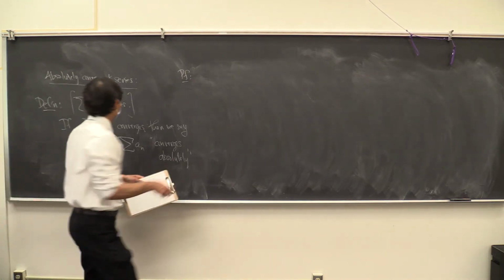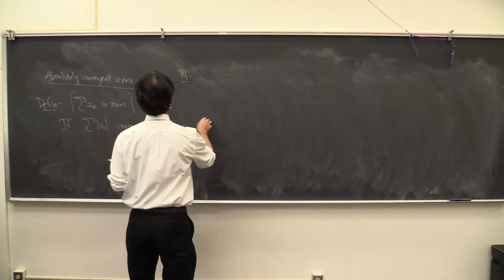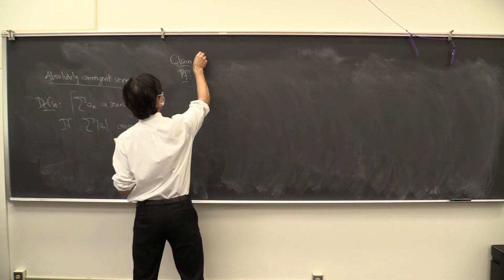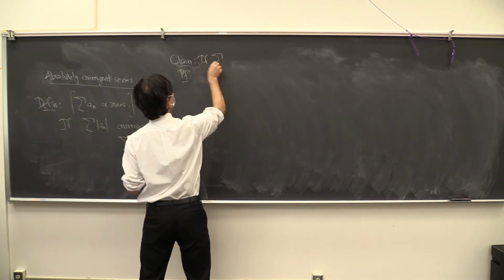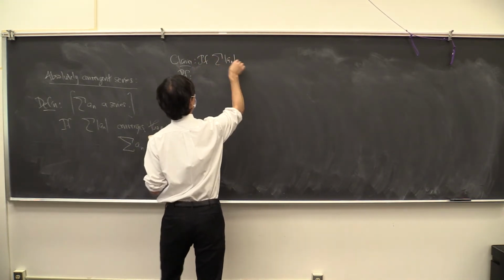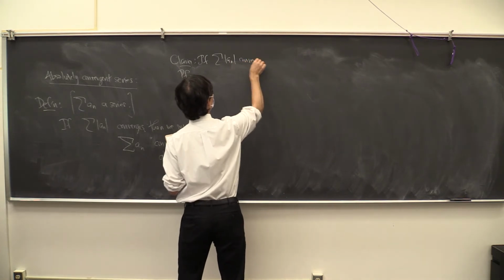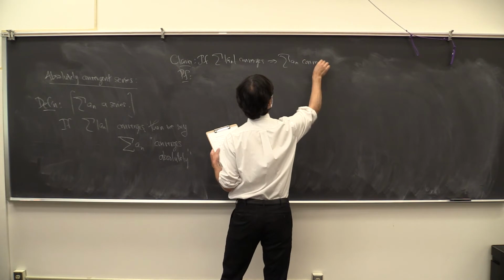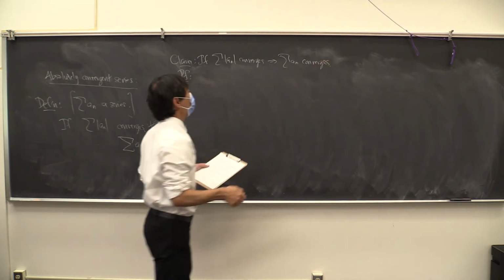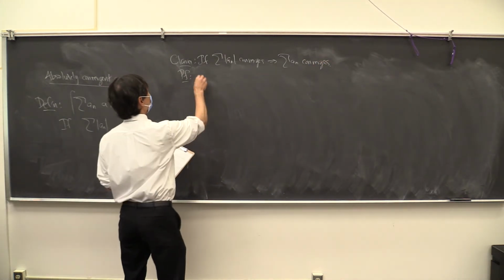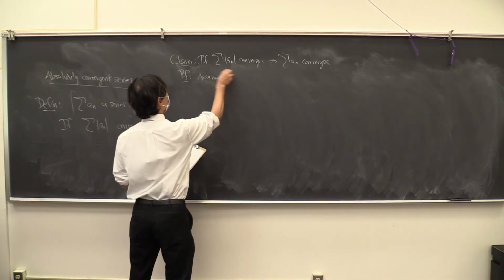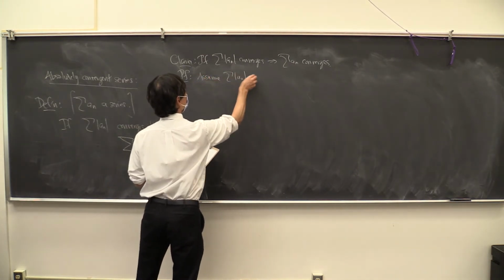Okay, let's get to it. The claim is that if this thing converges, then this guy converges. So start off, we say assume that this thing converges.